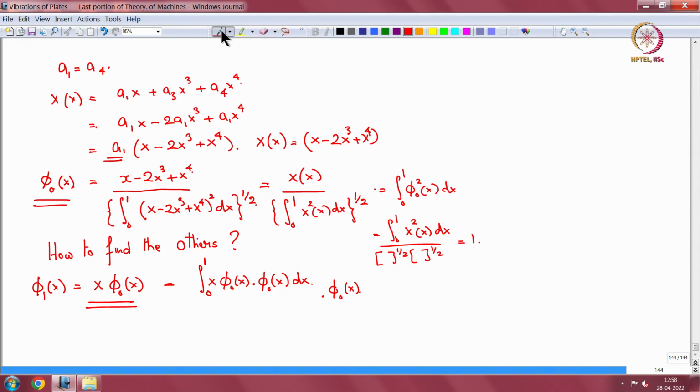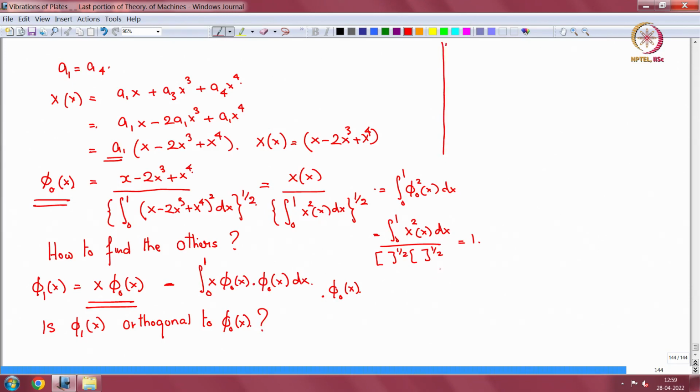Okay. Now, how do we know phi 1 of x is now orthogonal to phi 0? How do we know that?